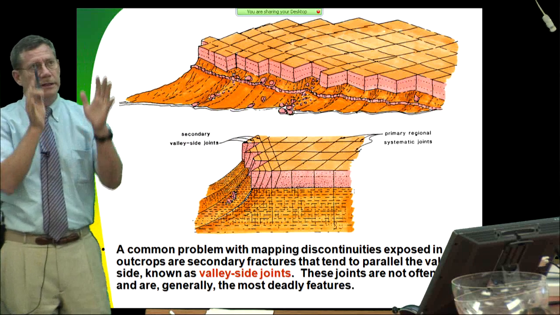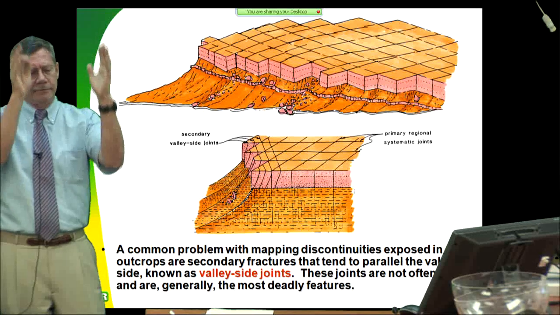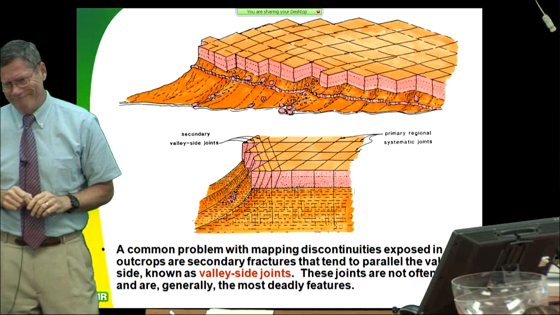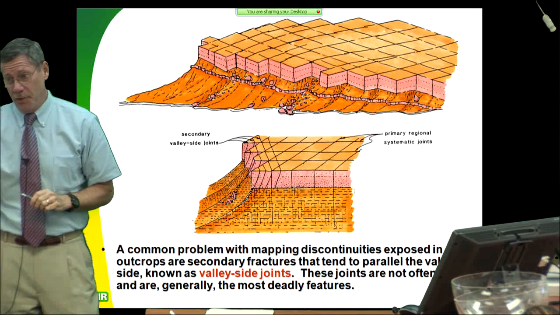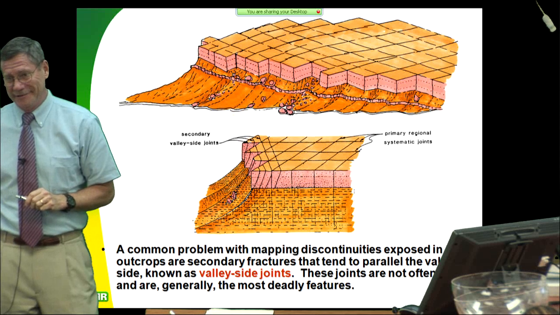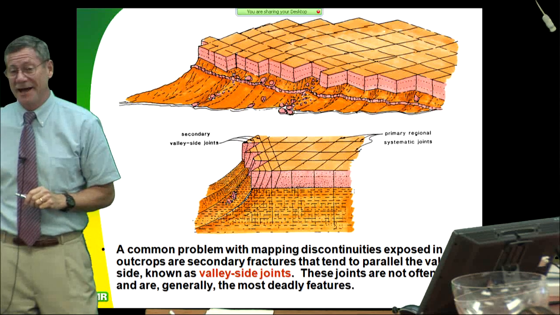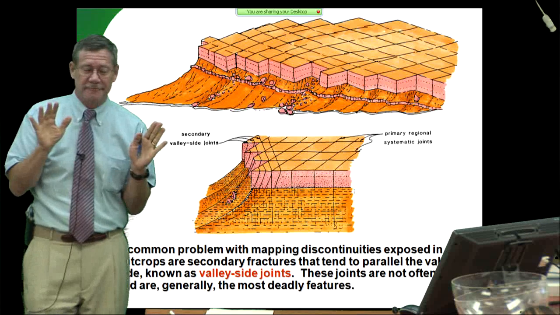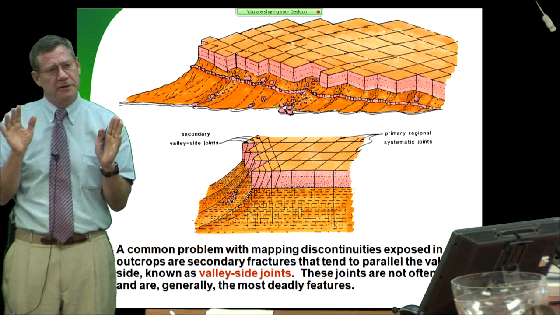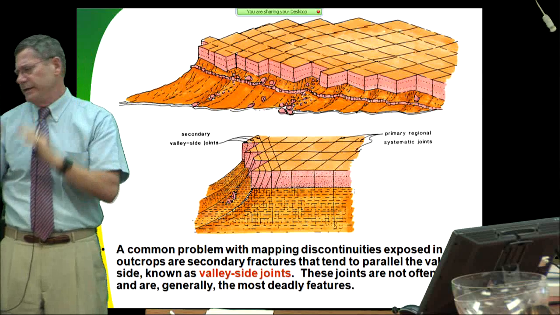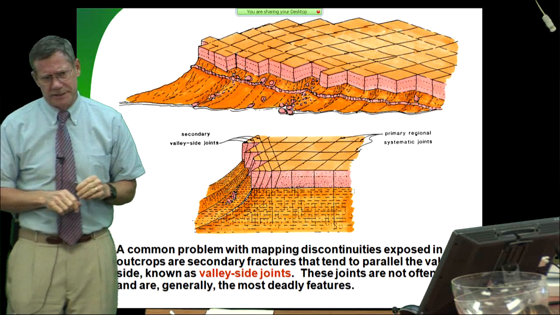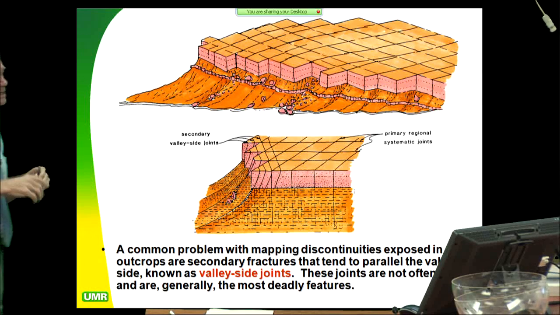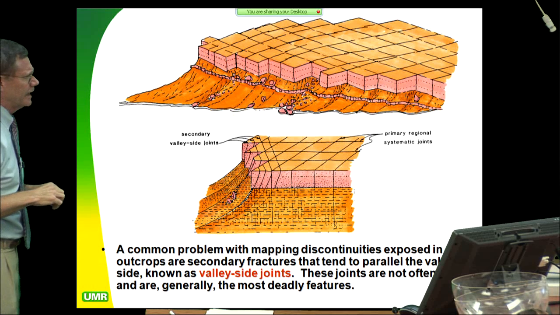A mold is a wonderful thing to look at and put on your stereo net, because you know that one just failed. So that's not a good geometry for stability. So first thing you're going to do is measure the molds and get those data on your stereo net, if you're going to be designing anything that's near the cliff, like a road.